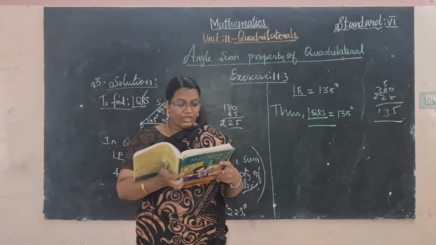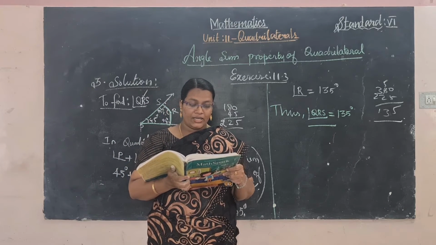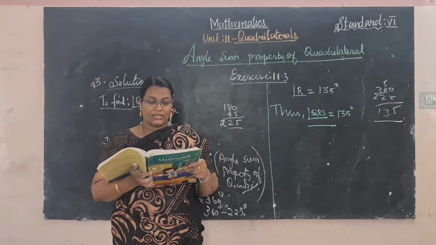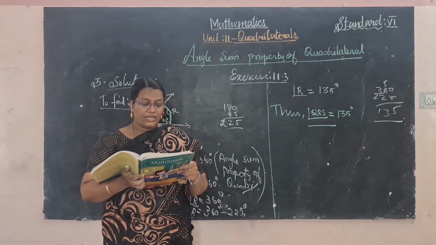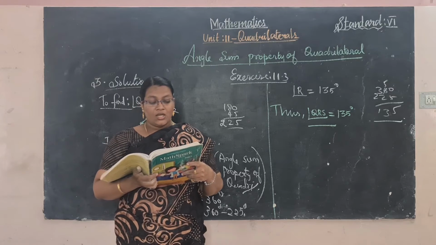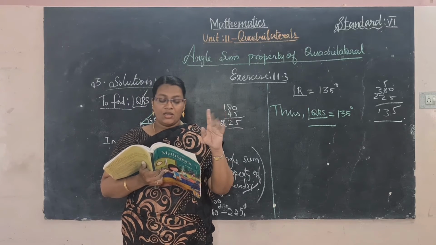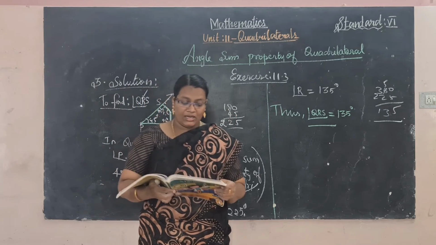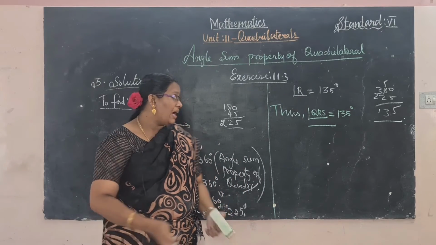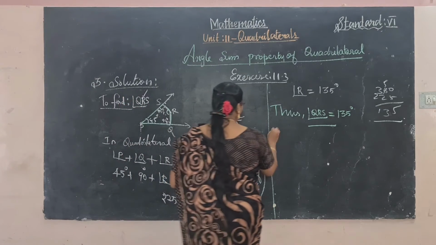The angles of the quadrilateral are 100 degree, 80 degree, 130 degree and x degree. Find the value of x. Here also three angles are given, and we have to find one more angle.